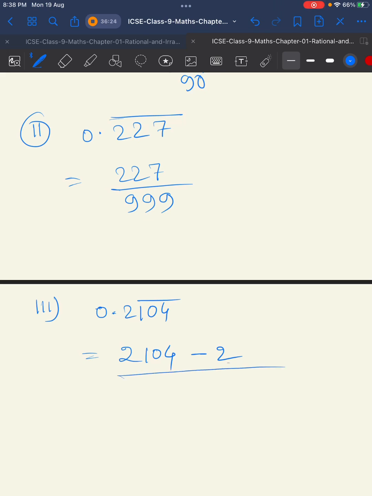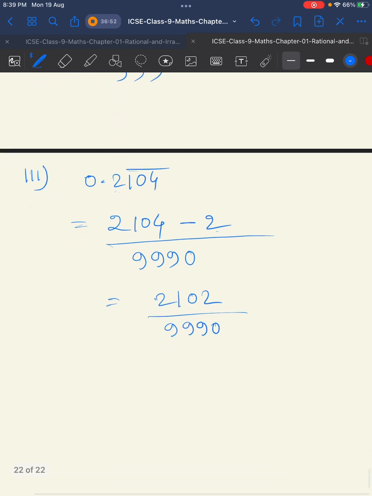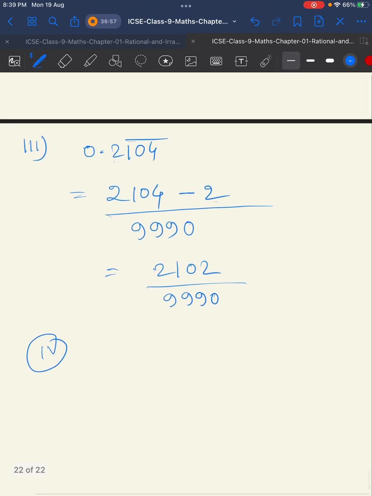Now in the denominator, for the bar we write 999, and for the digit which has no bar we write 0. Here only one digit 2 has no bar, so for this digit we write 0. So now we subtract 2 from 2104, and we will get 2102 by 9990.